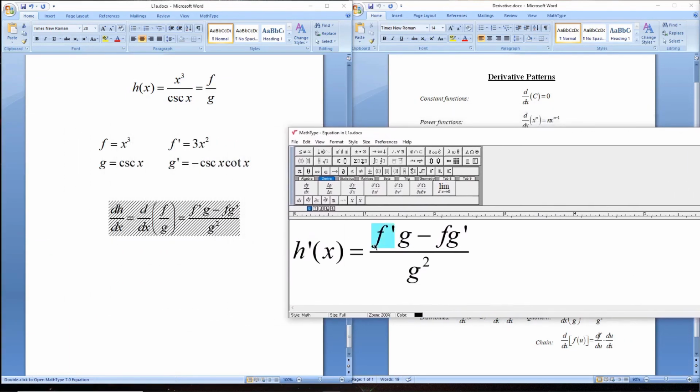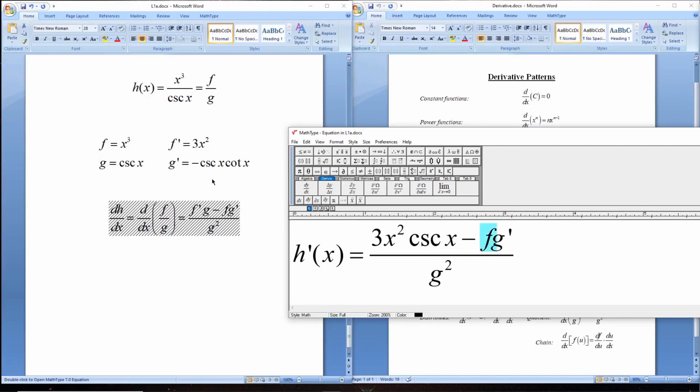So what is the derivative of f? It's 3x squared. What is g? It's cosecant. What is f? F is x cubed. And what is the derivative of g?